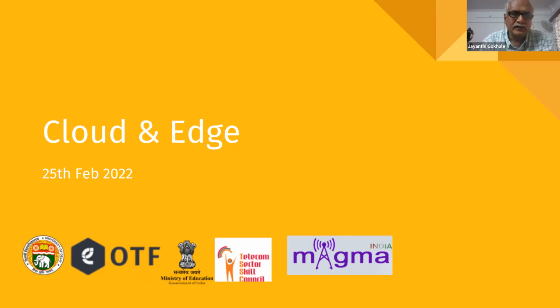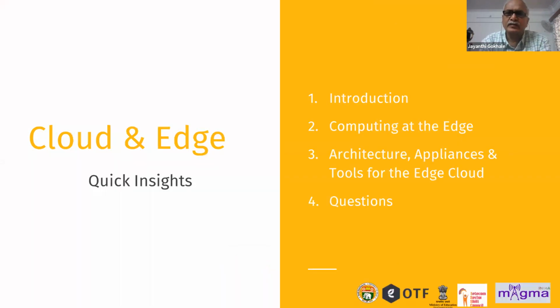What I will talk about initially would be based on these four topics. I'll give a brief introduction to Edge, and after that I'll look at what exactly is required to make computing at edge possible, and we will see technologies like 5G, Kubernetes or container type of implementations coming into the picture, and how you typically talk about setting up your network edge, the so-called far edge, the near edge.